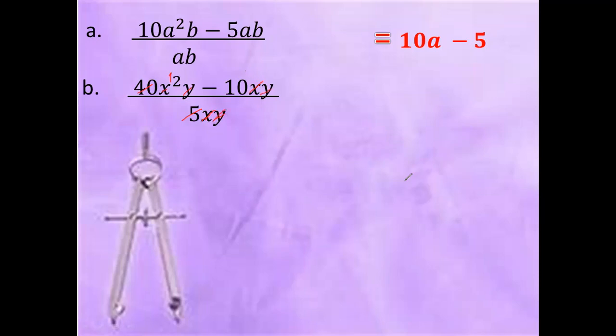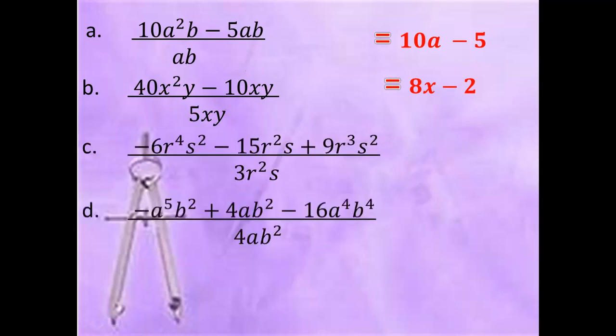So therefore, your answer will now be equal to 8x minus 2. All right. So you answer letter C, D, and E. That will be your task.